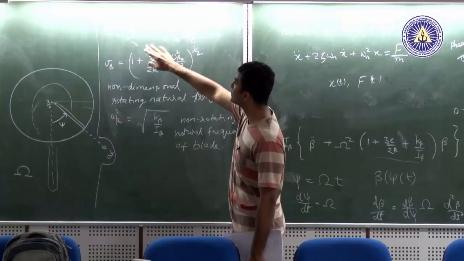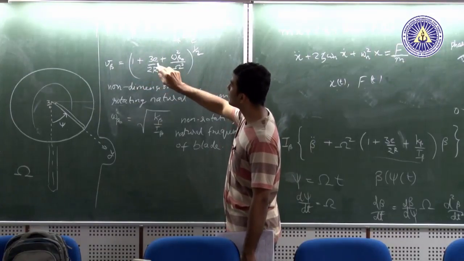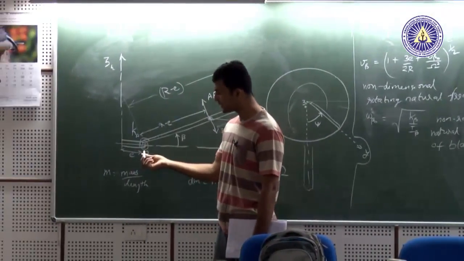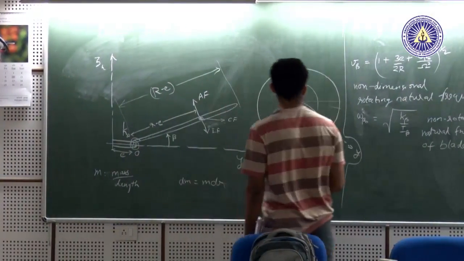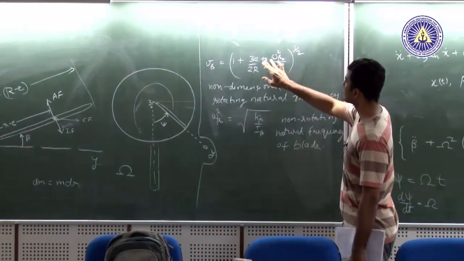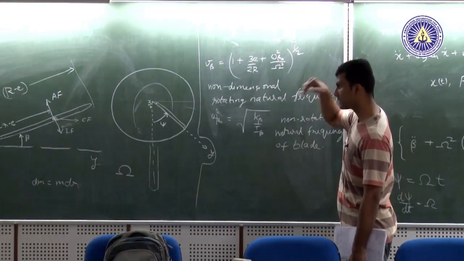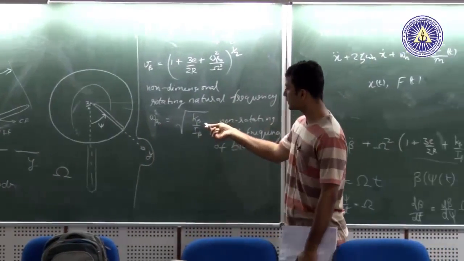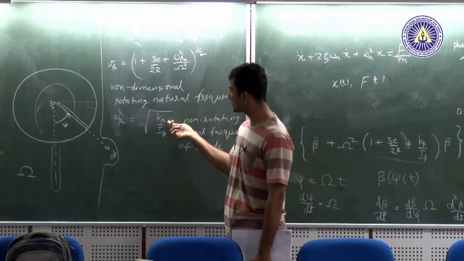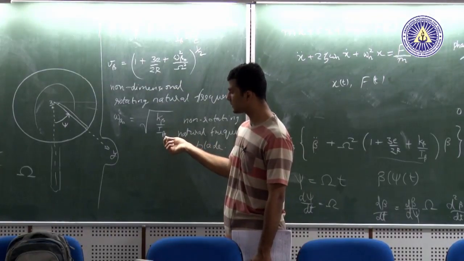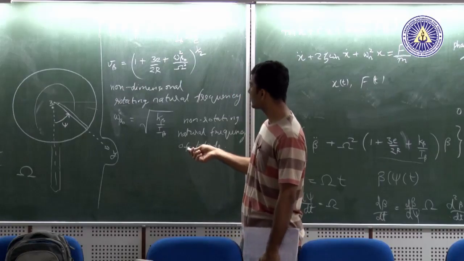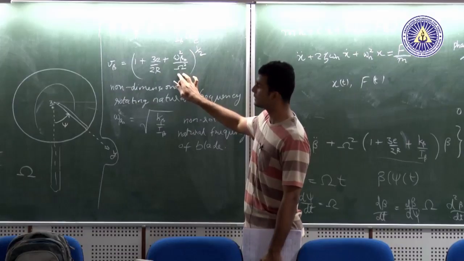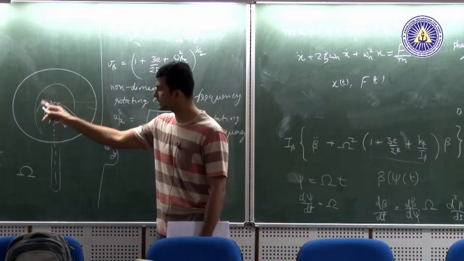And you can see that this nu beta is a function of E, the hinge offset, and it is also a function of omega beta naught. Omega beta naught is the ratio of the root stiffness to the moment of inertia of the blade, and it's also a function of the rotating frequency of the blade.